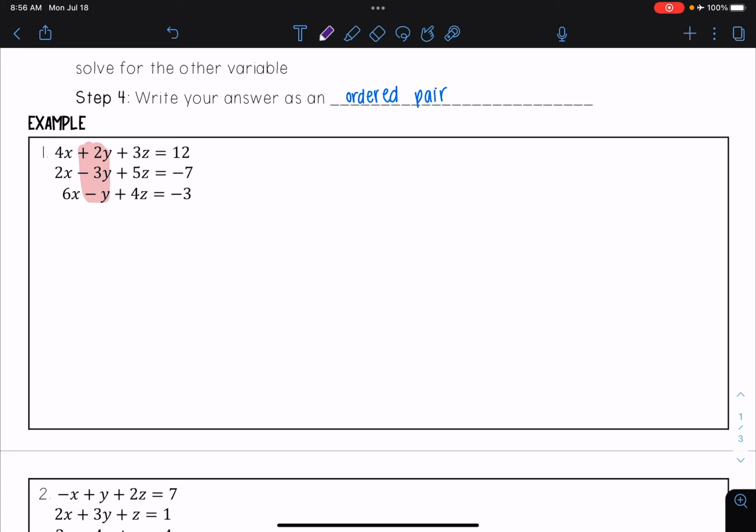Just so I don't get these mixed up, I'm going to label my equations as 1, 2, and 3. My first step is to work with equations 1 and 3.